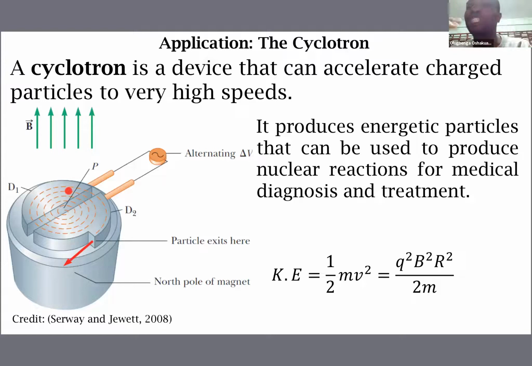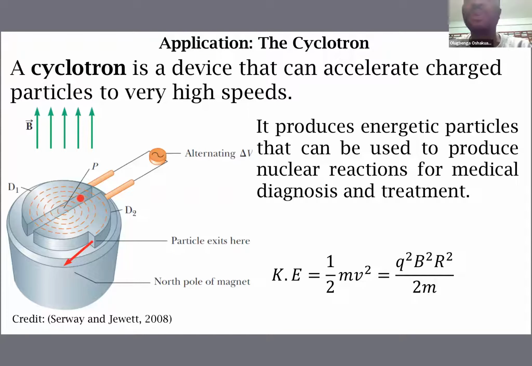Now it will change. The voltage alternates such that the plate that was formerly positive becomes negative, and the one that was negative becomes positive. That will cause the charged particle to accelerate further, and it will keep accelerating as it comes out of each semicircular disk.